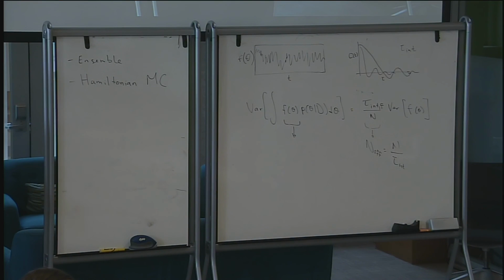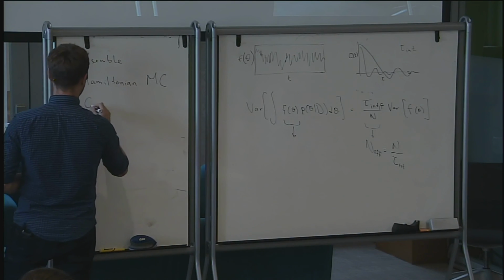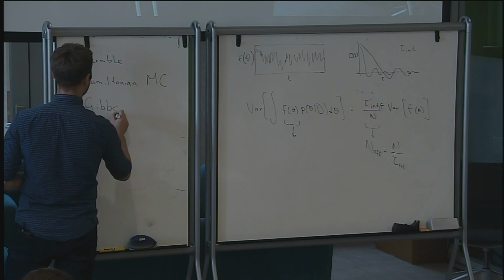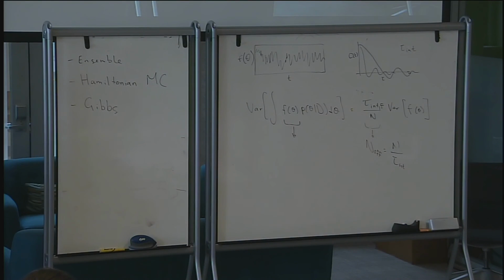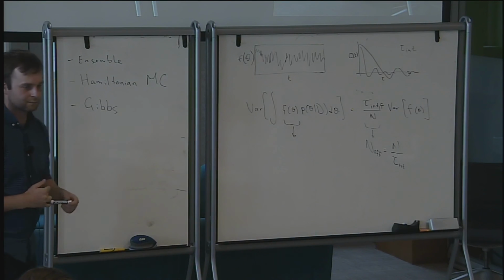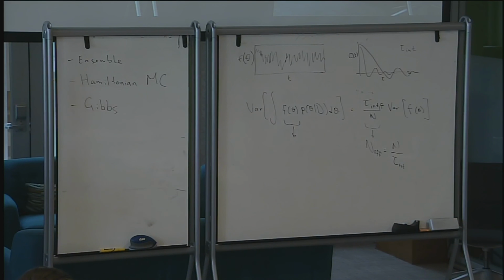Anything else? Yeah? What about Gibbs sampler? Yeah, so that's another good one. What we mean by that is, do you have a suggestion for why you might want to use it and a word or two about it? So in Gibbs sampling, in some steps you sample some of the parameters, and then you freeze them, and in other steps you sample the other parameters, and then you freeze them, and then you go back.